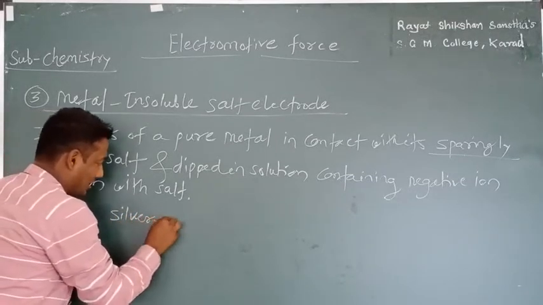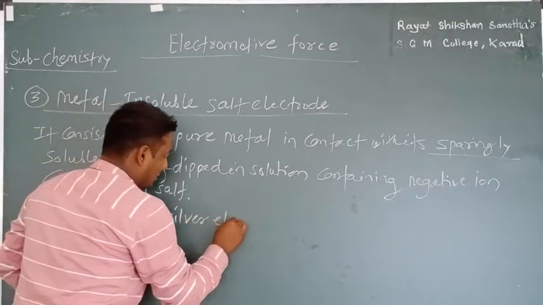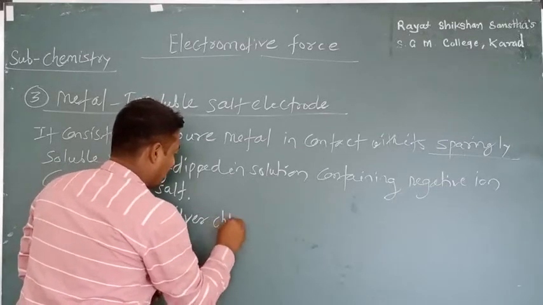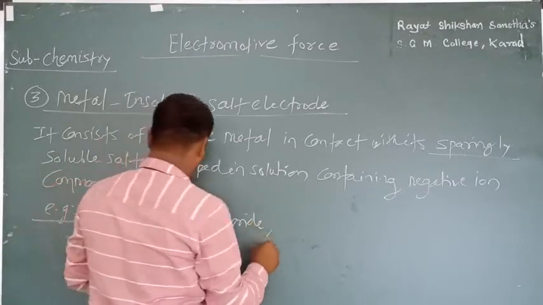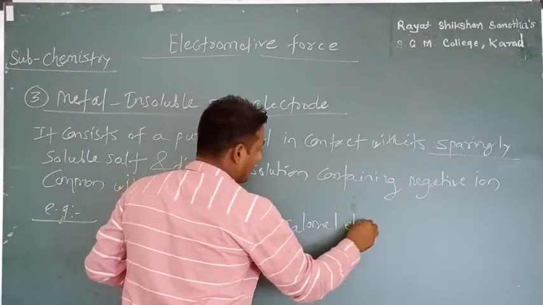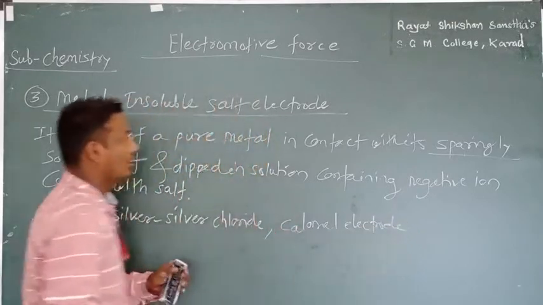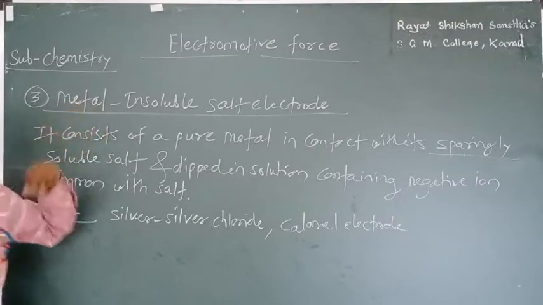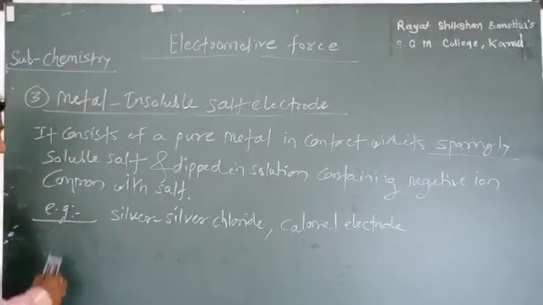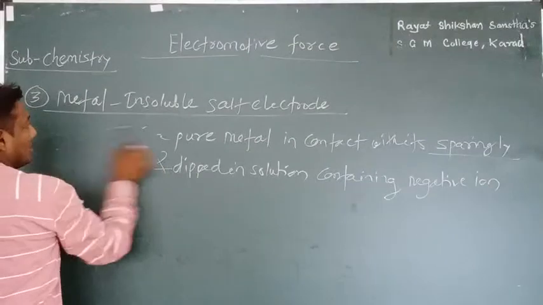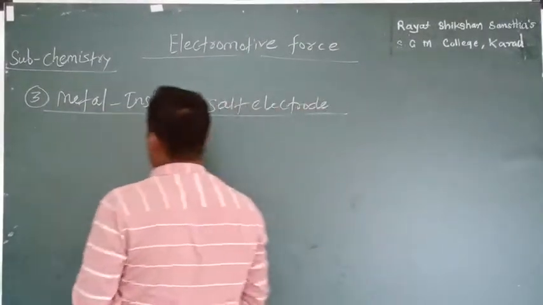Silver chloride electrode and calomel electrode. So these are the examples of metal insoluble salt electrode. First we will start with silver chloride electrode.